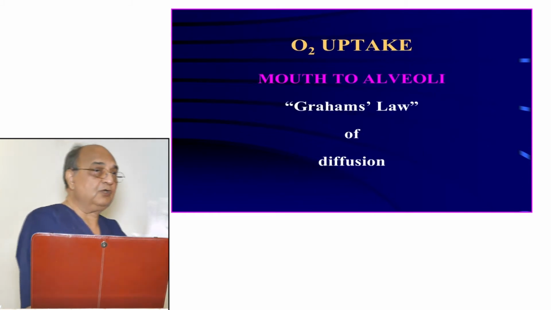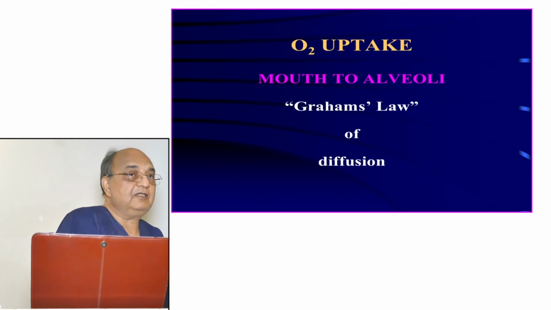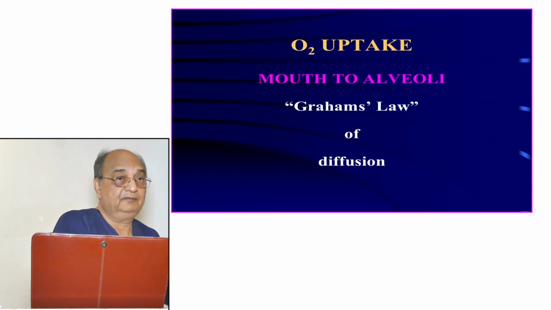Now if you look at the oxygen traveling from the nose up to the alveoli, and from the alveoli up to the blood: when the oxygen is traveling from the nose up to the alveoli, it is all gas. It is a diffusion which is taking place in a gaseous media. Here we apply Graham's law of diffusion.